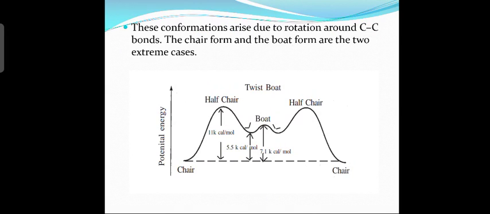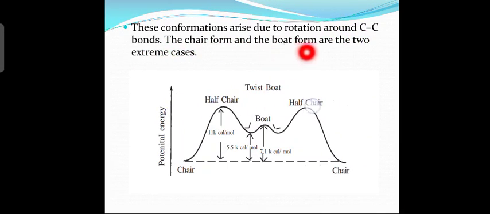Next slide. Now how do these conformations arise? They arise due to the rotation around carbon-carbon single bonds. You know that cyclohexane contains carbon-carbon single bonds, CH2 single bond CH2, like that at 6 corners, correct? So it is due to rotation across these carbon-carbon single bonds.